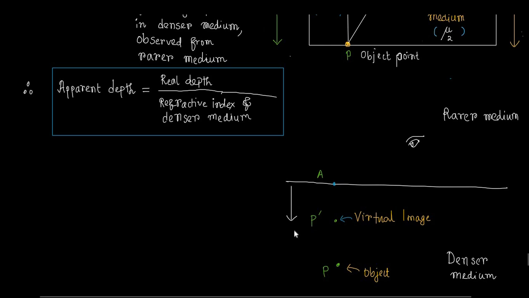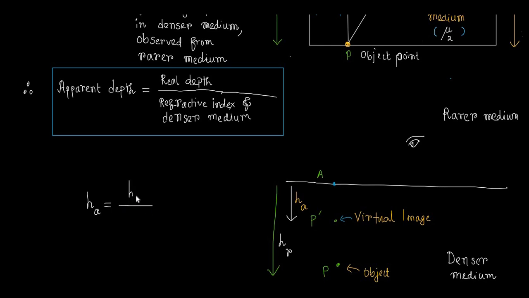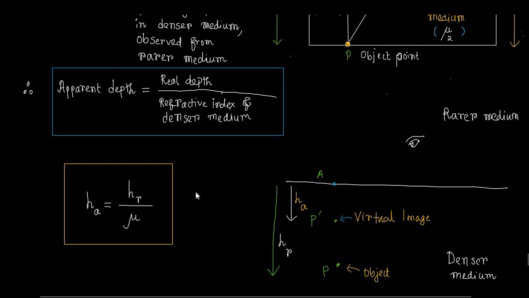HA is the apparent depth, and HR is the real depth of the object point P from the interface observed from the rarer medium. In this case, HA equals HR divided by mu. Apparent depth is equal to real depth divided by the refractive index of the denser medium.